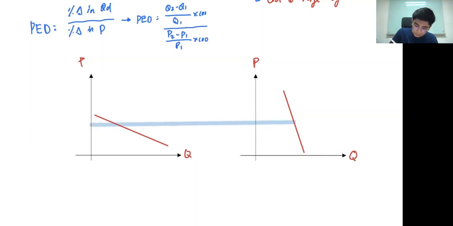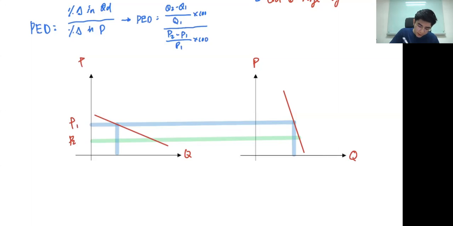Let's say the price at first is P1, and for some reason the price decreases from P1 to P2. So at first, when the price is P1, the quantity demanded is here.